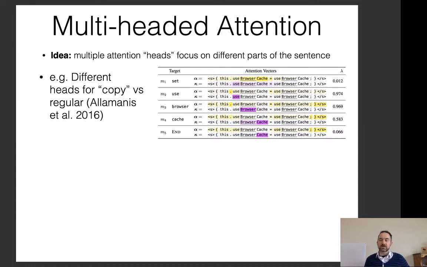And another head is one that is basically deciding to copy words from the input directly into the output. And I'll talk about this a little bit later in the class today.